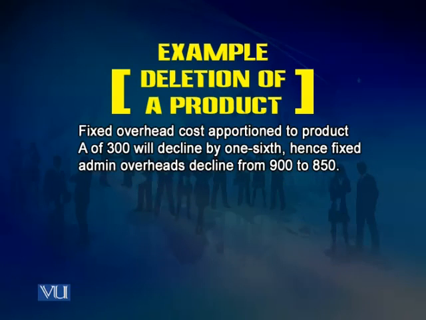Fixed overheads costs apportioned to product A of 300 will decline by 1/6, hence fixed admin overheads decline from 900 to 850.